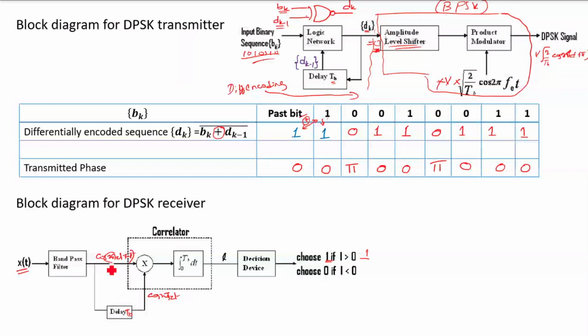We should get a negative value. That means it is 0. This is the advantage of using differential encoding at the transmitter. You get 0 and it is decoded. So if both are past values, both are this, is it possible?